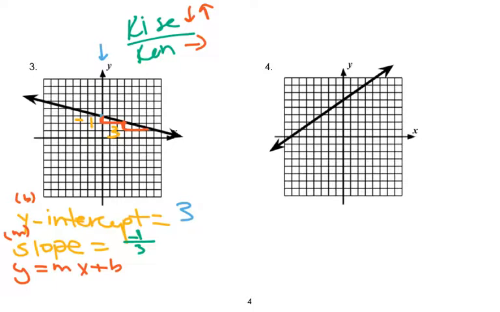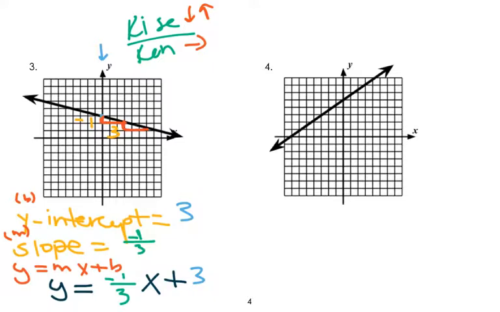So here that means that the equation is y equals your m here, which is your slope, -1 over 3 x plus your y-intercept, which is 3.